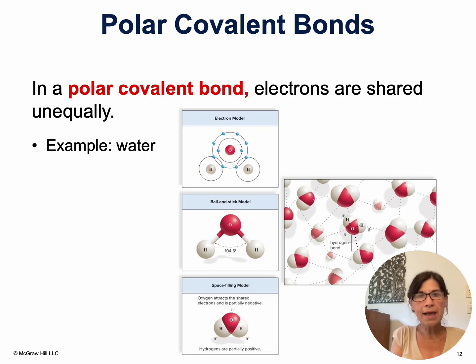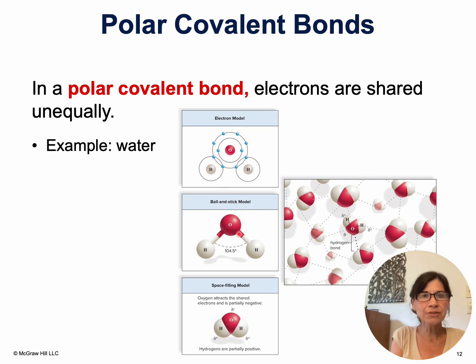Now, the last thing I want to talk about is polar covalent bonds. I'm not going to talk about those a lot, but I think you have a couple of questions on them in your Connect assignment. Oxygen has an atomic number of 8, 2 on the first orbital, 6 on the second. It would like 8 on the second, so it's going to combine with 2 hydrogen atoms and share its electrons.